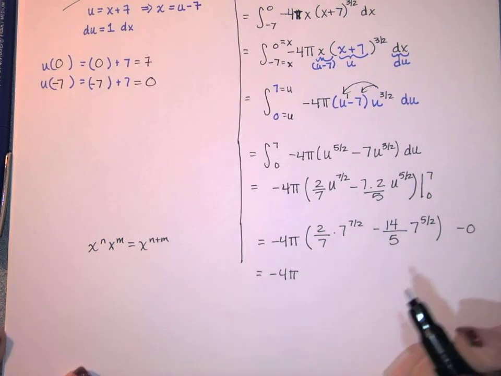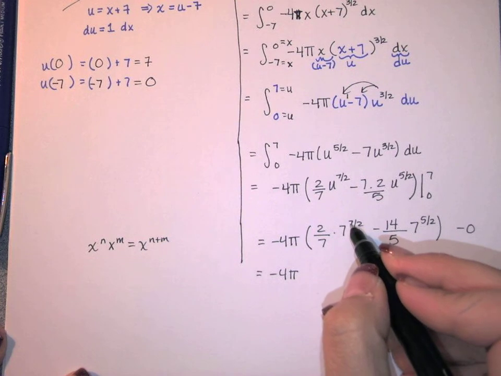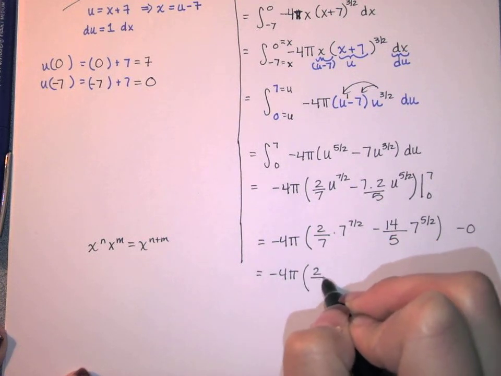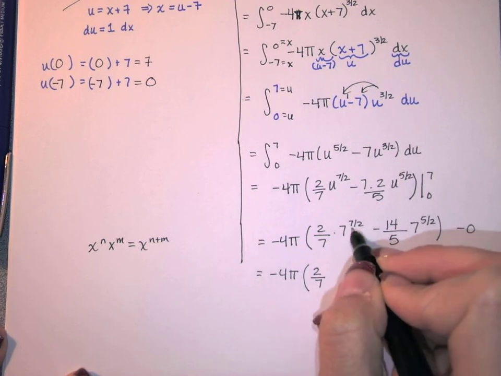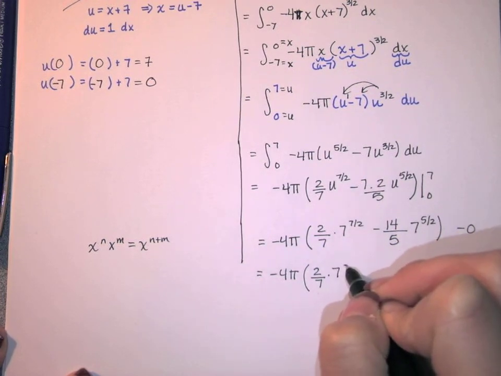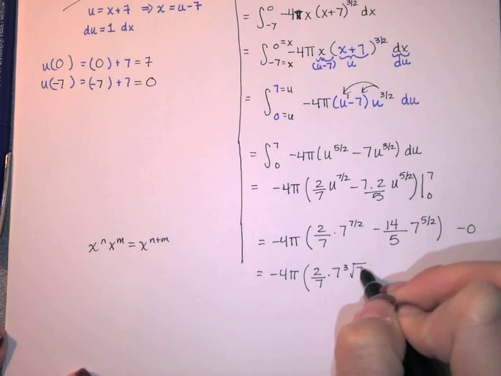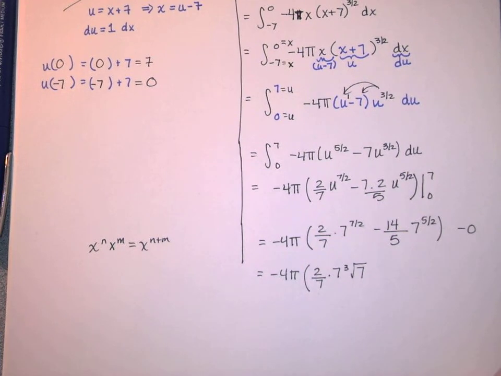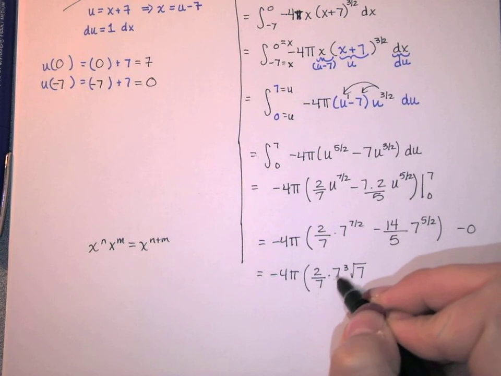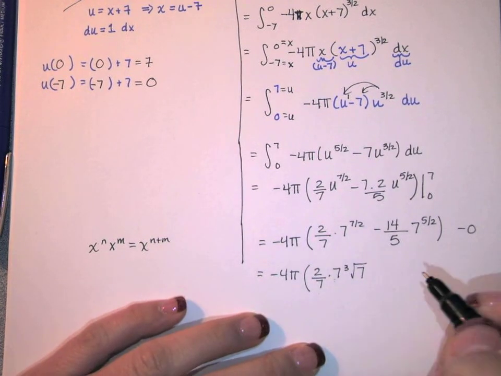I want that to be a perfect whole number right there. I want it to be an integer. So I can make that 7 to the 6/2. 6/2 is 7 cubed, times a 7 to the 1/2, which is the square root of 7. That is not a cube root. That's saying take 7 cubed and then multiply it by the square root of 7.